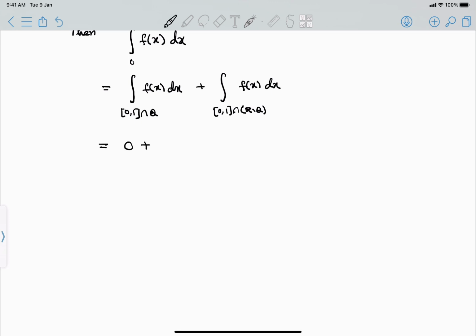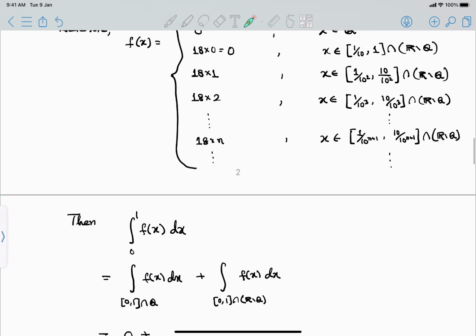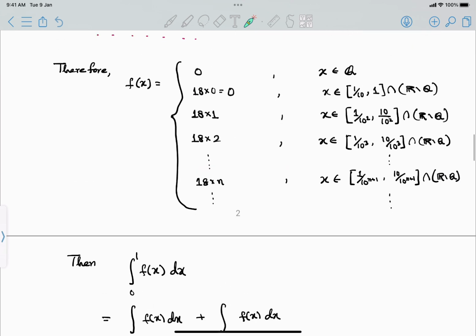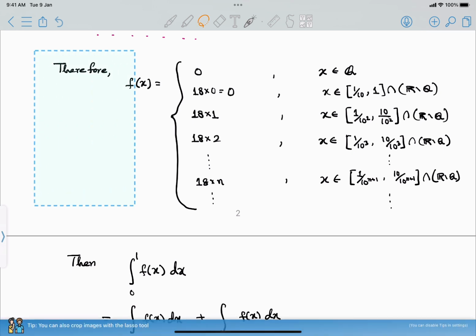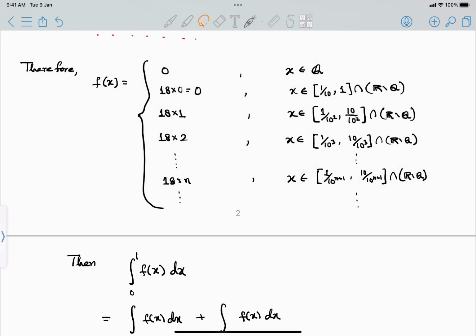And for the next part, how are we breaking 0 1 intersection R minus Q? Let me denote these sets as a0, a1, a2, an, like this.